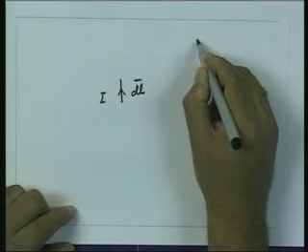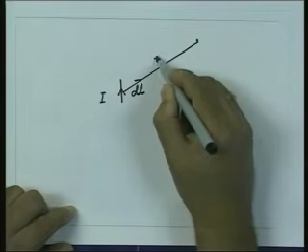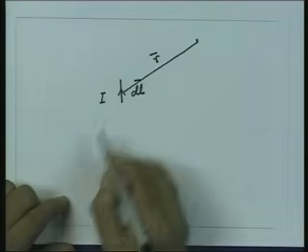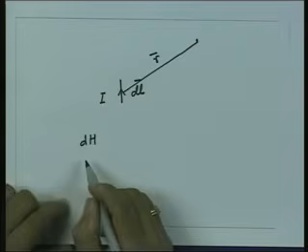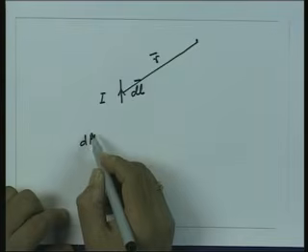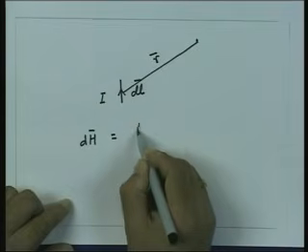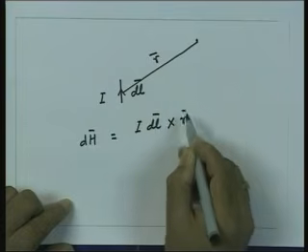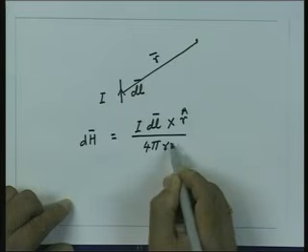Then at some point in space at a distance r from this current element, denoted by vector r, the magnetic field due to this small element, let us denote it by dH, where d gives the incremental value of the magnetic field, is equal to I dl cross r unit vector divided by 4 pi r square.